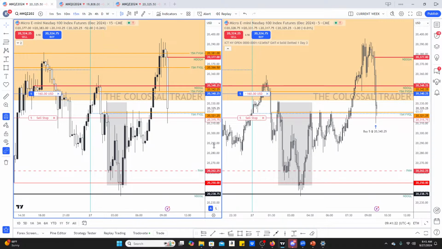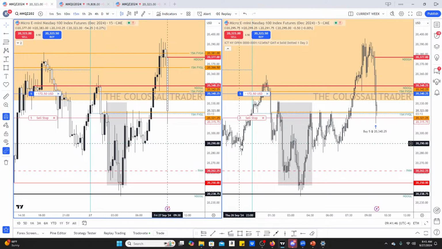Just putting the stop loss in on the other accounts. 5315. It's probably going to drop lower.